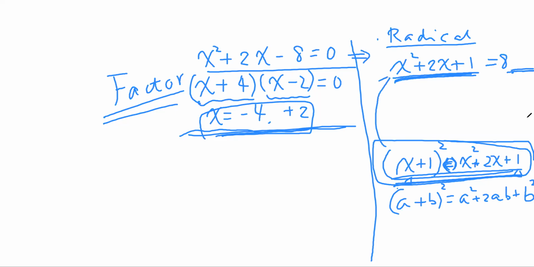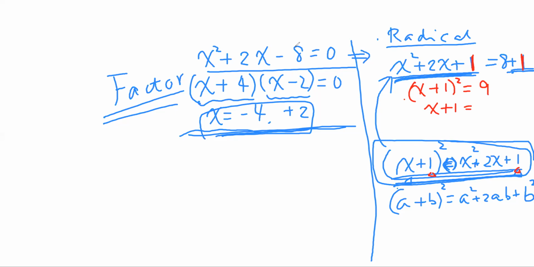We just need 1, so we can plus 1. Why do I need 1? We use this formula. Because we want to make this one become a perfect square, right? So after that, take the radical on both sides.